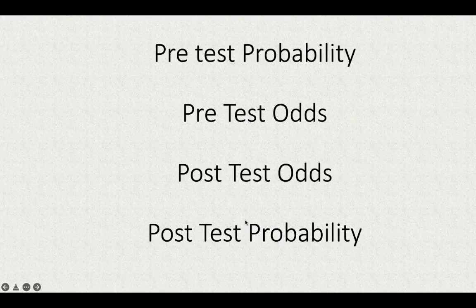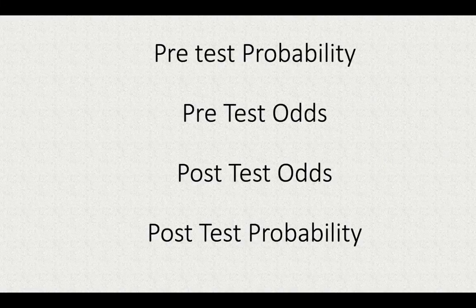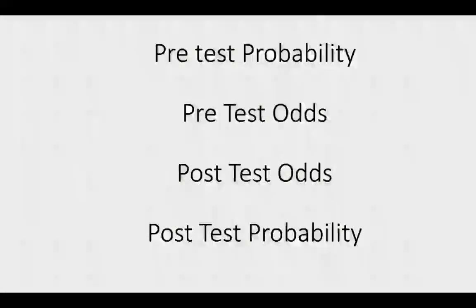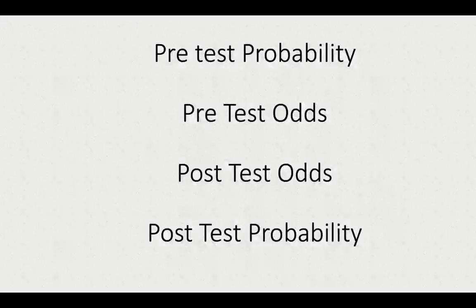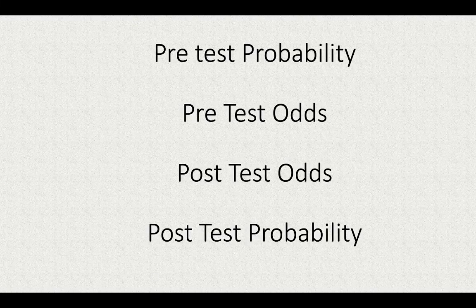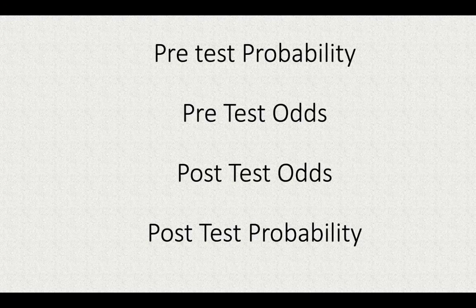Moving on. We have probability and odds, and we have pre-test probability and pre-test odds, and then post-test odds and post-test probability. Pre-test probability and odds are before applying the test, and post-test odds and probability are after applying a test.